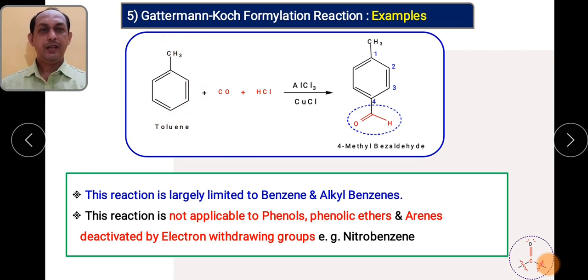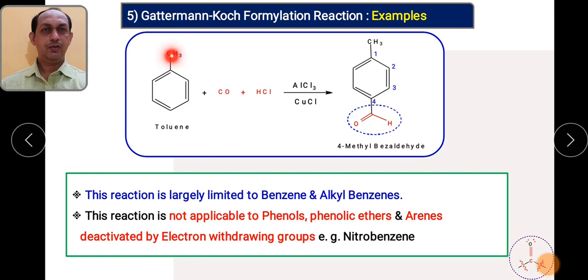It is not applicable for phenols, phenolic ethers, and deactivating withdrawing groups such as nitrobenzene. If you try to carry out this reaction on nitrobenzene, it will not work. So this is the limitation you need to remember for Gattermann-Koch formylation. Hope you understood. Try to learn with more examples.